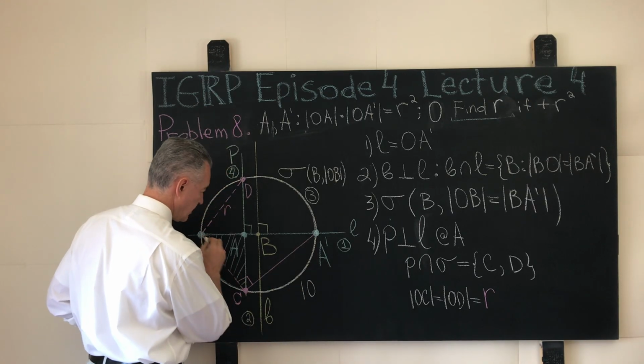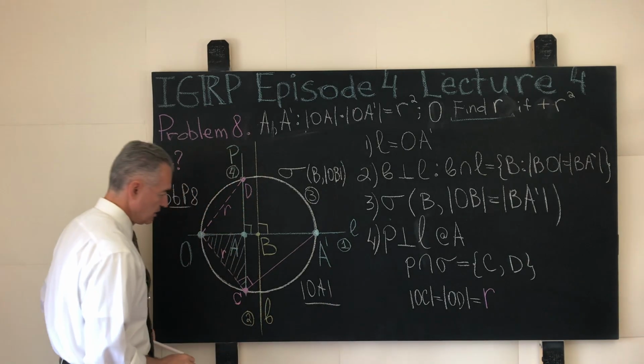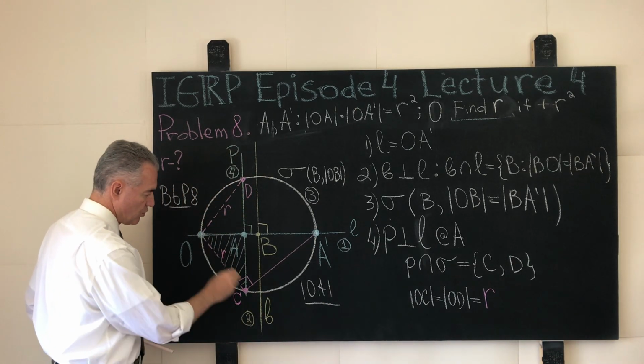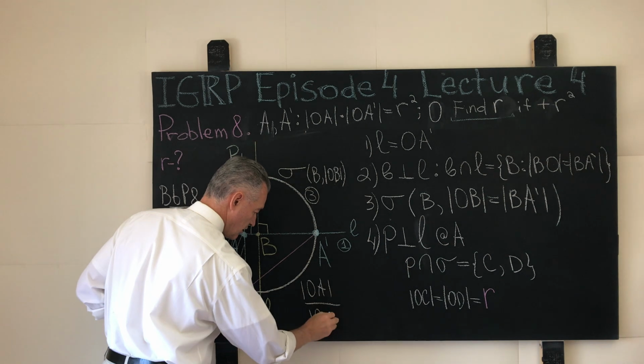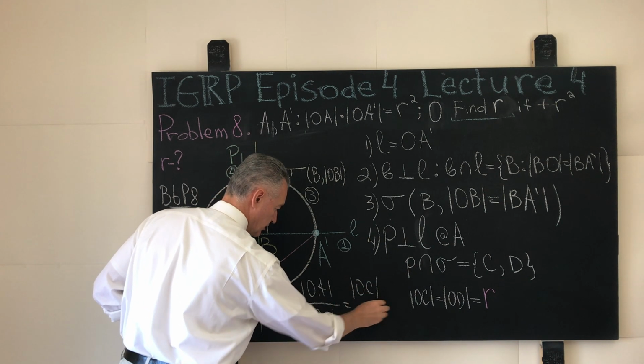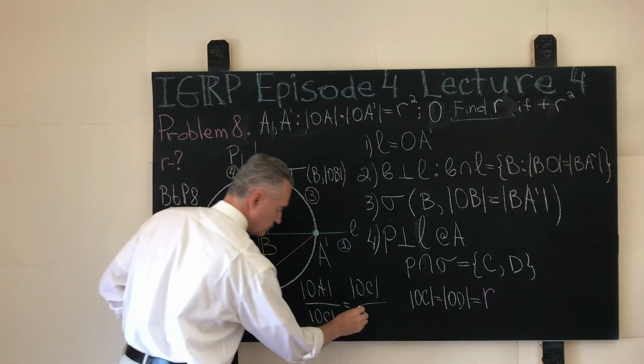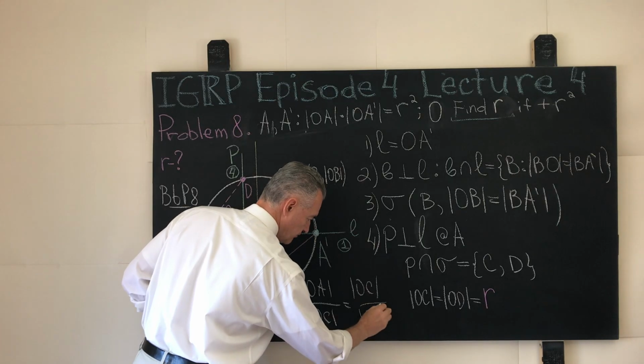In other words, with this similarity of these triangles, you will basically arrive at the following ratio. You will say that the distance OA over the distance OC will be the same as the ratio of OC to the hypotenuse OA prime.